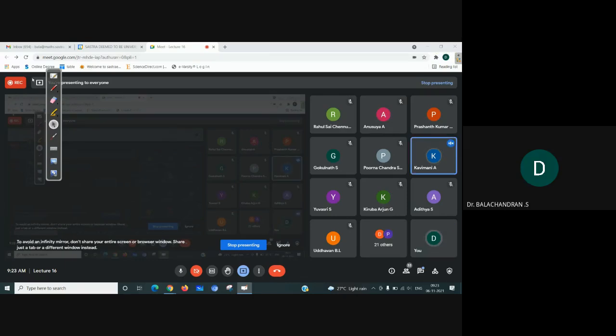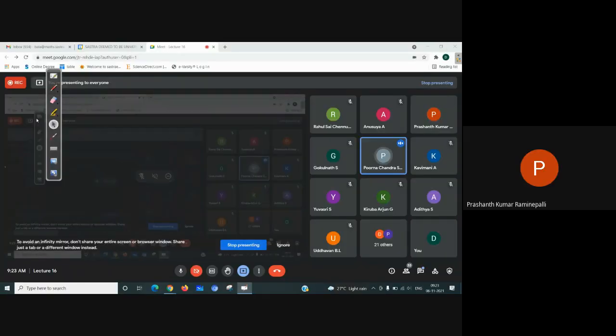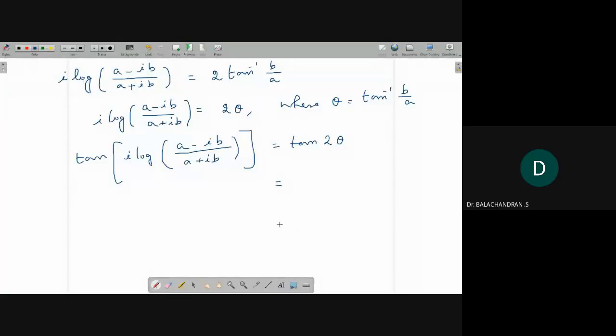Yes, please tell. 2 tan theta divided by 1 minus tan square theta. Yes, correct. Tan 2 theta is 2 tan theta divided by 1 minus tan square theta. Okay. So now what is tan theta?